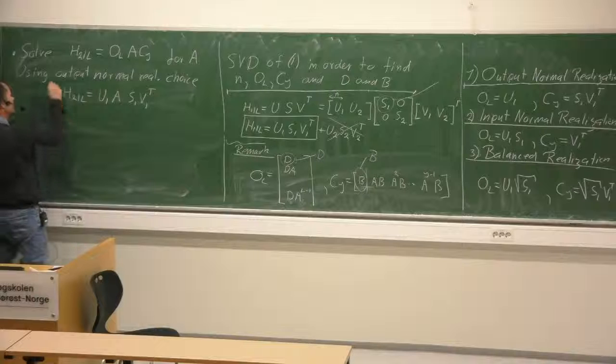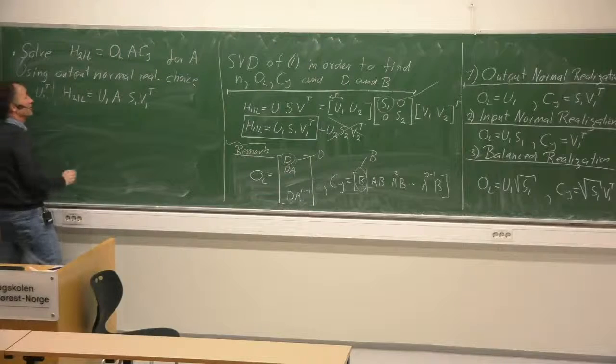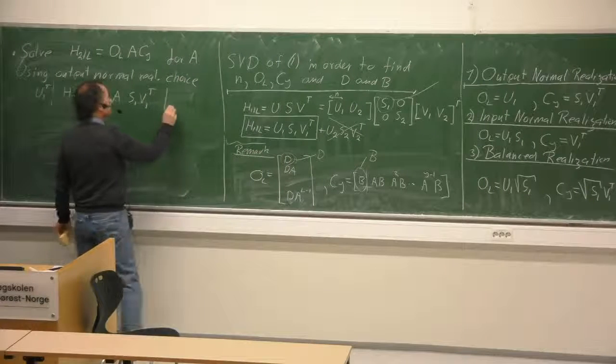Now, simply multiply from the left with U1 transpose and from the right with V1.